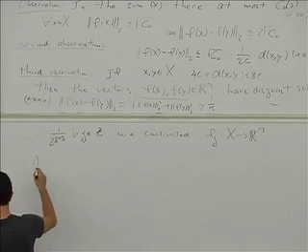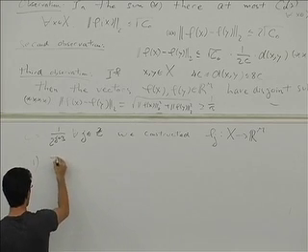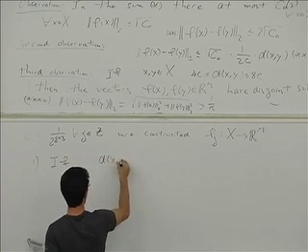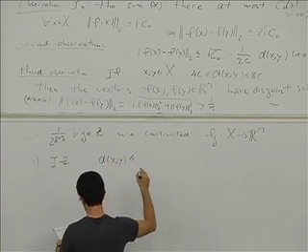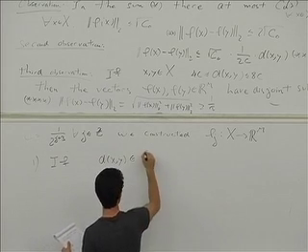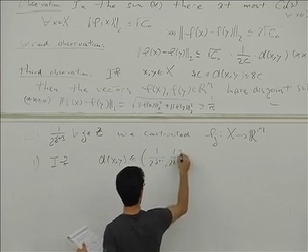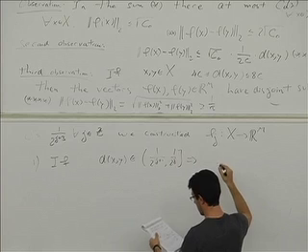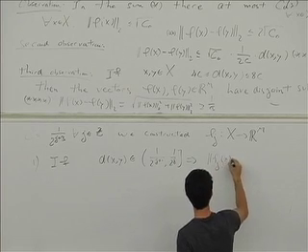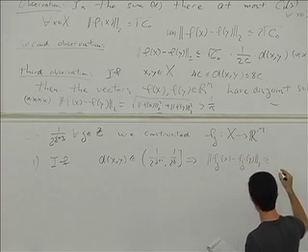One is, for phi j, if the distance from x to y is between 1 over 2 to the j plus 1 and 1 over 2 to the j, then phi j of x minus phi j of y is at least some constant.